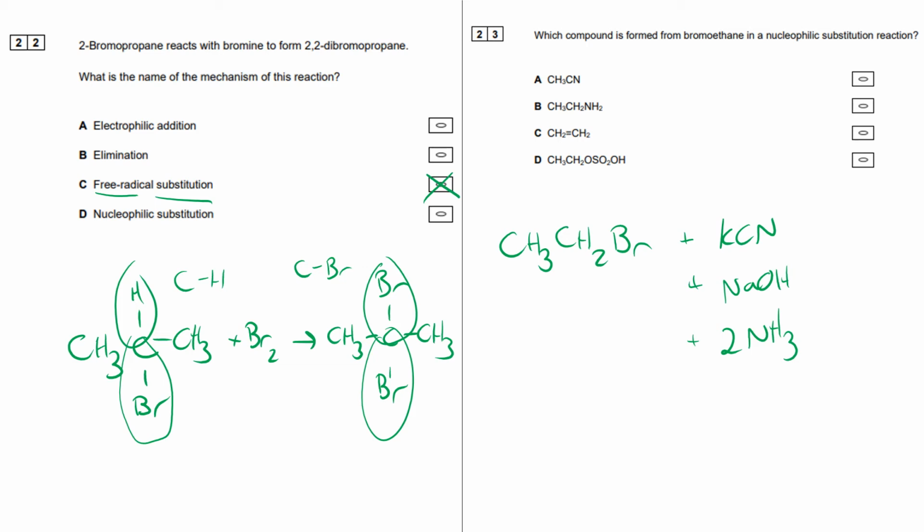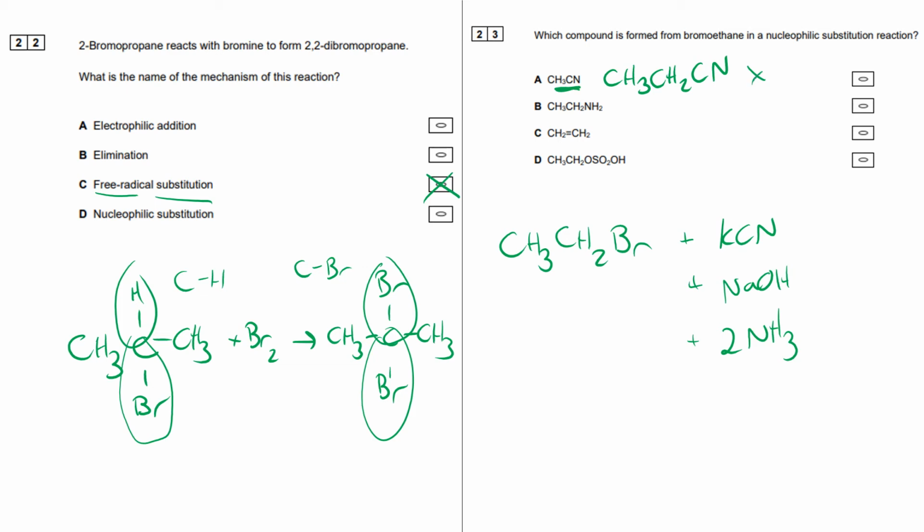So if we react it with KCN, you're going to form propane nitrile. The CN substitutes in, the bromide breaks off, so you're going to get propane nitrile, CH3CH2CN. So there's not enough carbons in A, so A is incorrect.